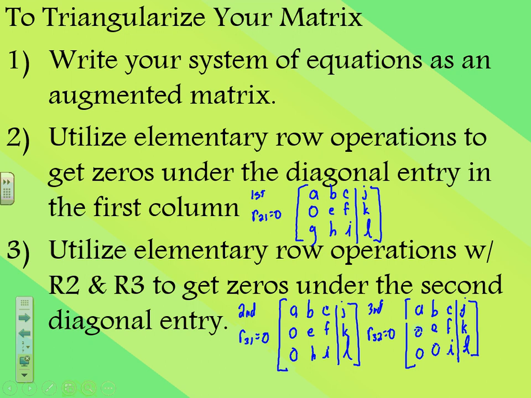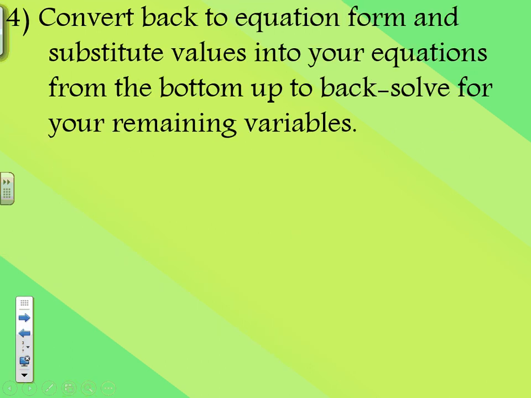Then the very next thing is the same operation: what will allow me to have row 3, column 1 produce a 0? And then finally our third row operation asks, what can I do that would give me a 0 in the element of row 3, column 2? That's where the structure comes from. You're always going to do those 3 things in that order: row 2, column 1, row 3, column 1, and then row 3, column 2.